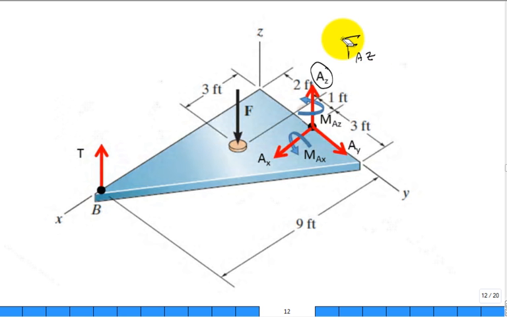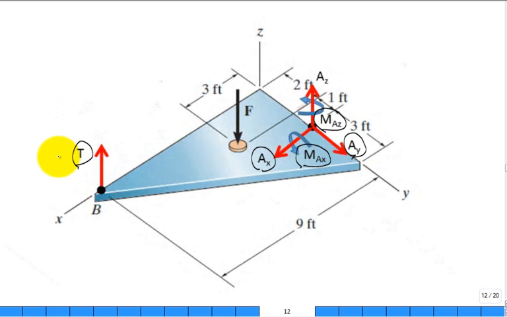But this text just says, look, we're going to call it as short as possible, just A subscript Z, then A subscript X, A subscript Y, and then we have the moment at A in the X direction, and the moment at A in the Z direction, and then we have the tension over here.